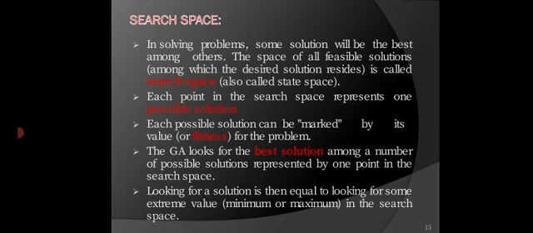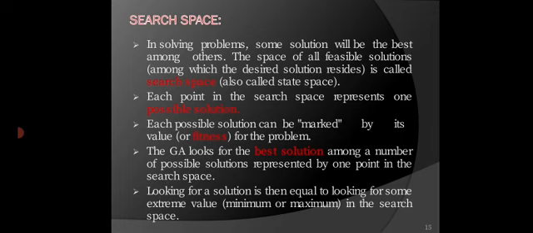Now, in solving problems, some solution will be the best, right? The space of all feasible solutions is called search space. It is an area having a number of options, and out of those options or feasible solutions we have to pick one best solution, right?